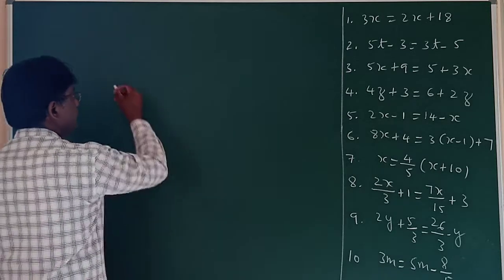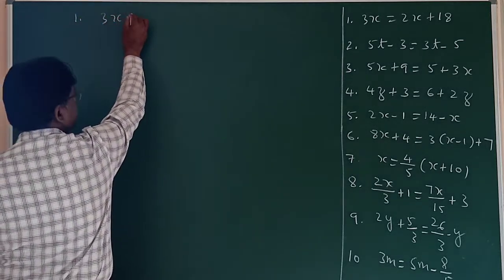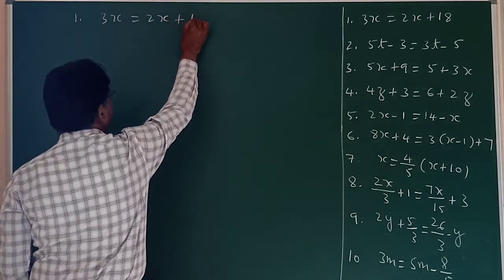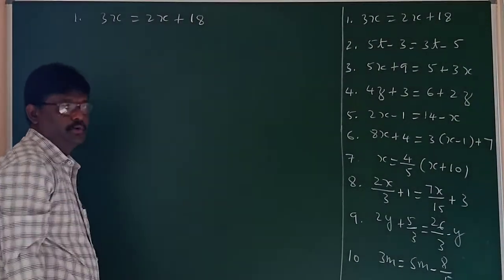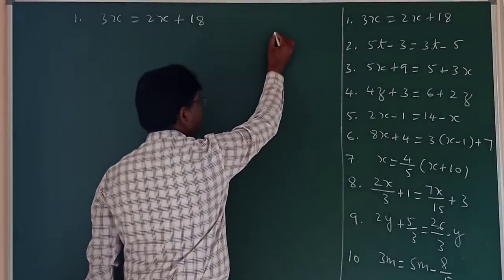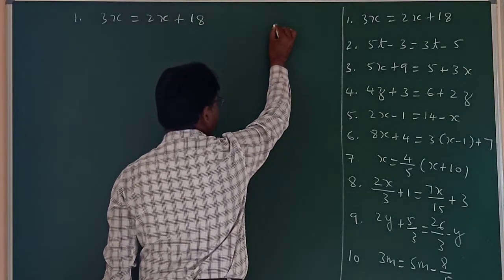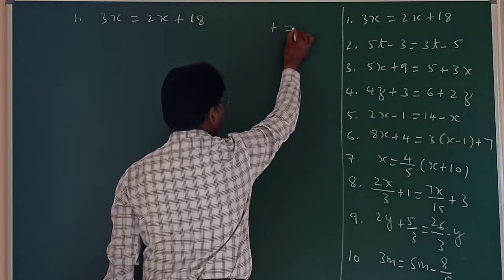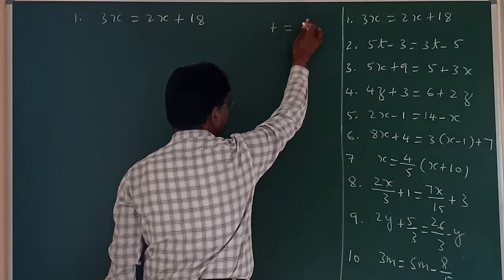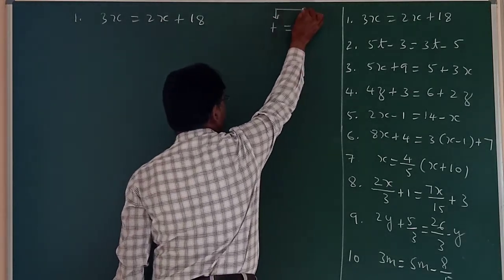Sum number 1, 3x equal to 2x plus 80. Once again, we shall recall all these basic sign rules. In case of equations, on transposing, plus from left to the right, plus becomes minus.